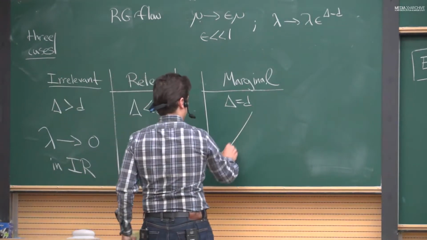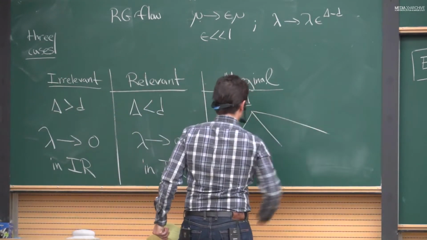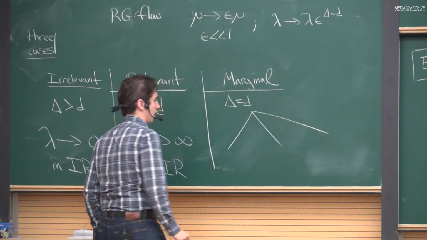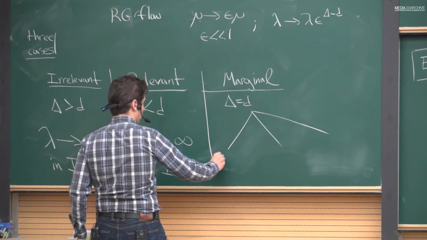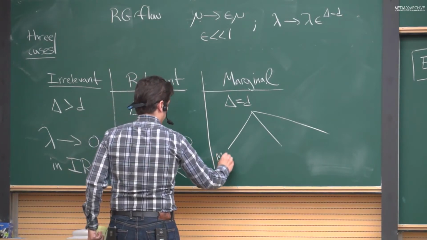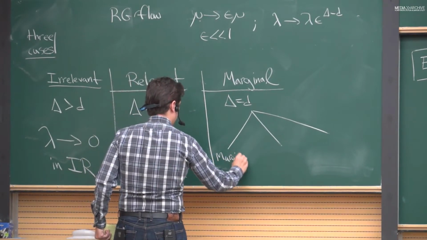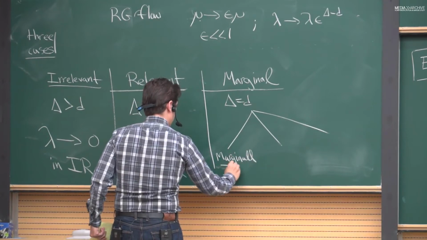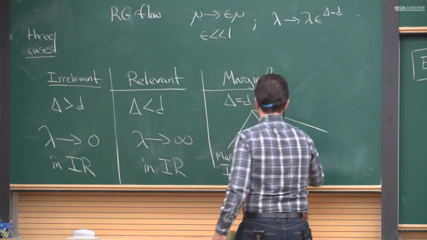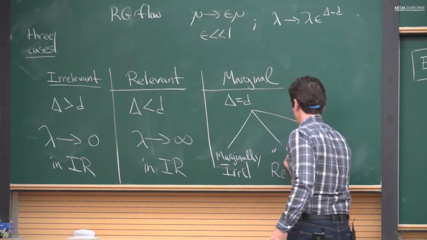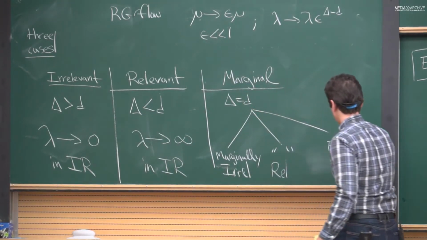So then you split this case into 3 further cases by looking at higher order corrections, log corrections to the RG flow. And you get marginally irrelevant, marginally relevant, and finally exactly marginal.